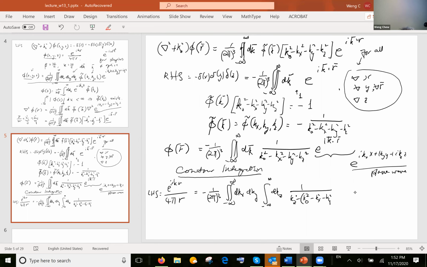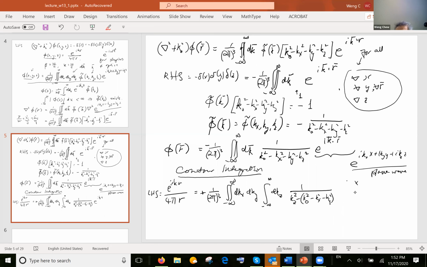I'm just reversing this so that kz becomes the leftmost thing, and I'm going to take this minus sign away and say that it's just a plus sign over there. And then I will have this.